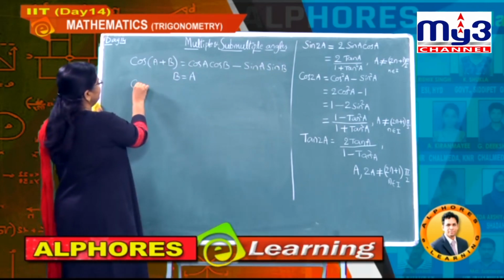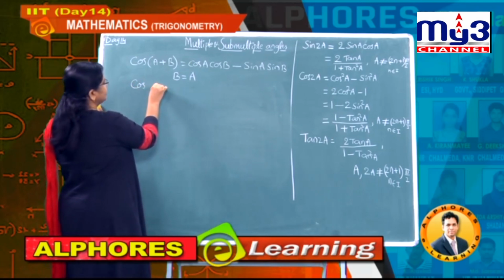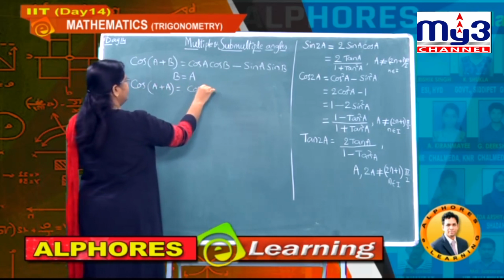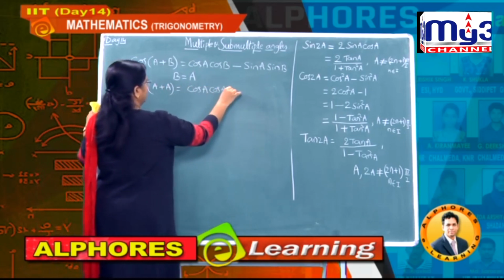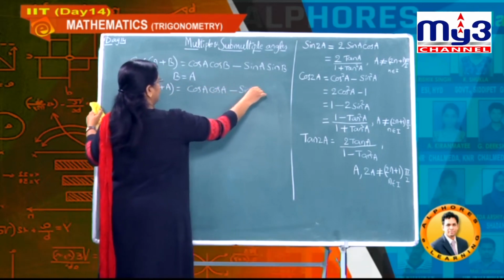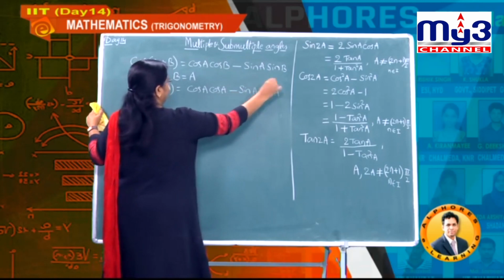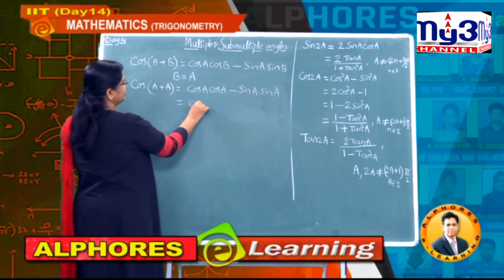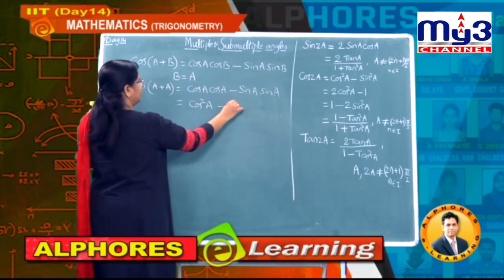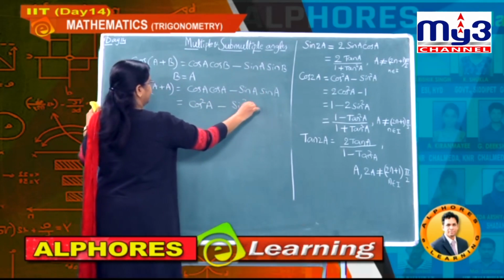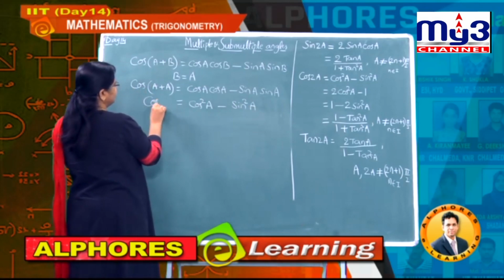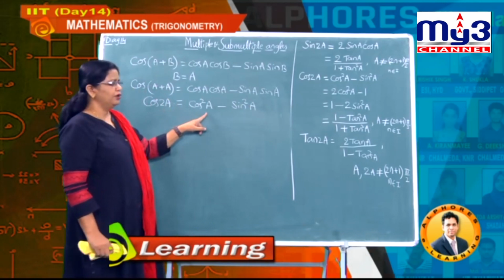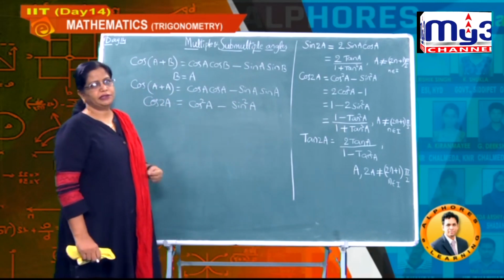Therefore this is how much now? Cos A plus A, and this side you are having cos A, again cos A, minus sin A into how much again? Sin A. Okay. Then what is the value you got? Cos square A, and this side you have minus sin square A. So this is how much students? Cos 2A. Got it? So cos 2A you got cos square A minus sin square A.